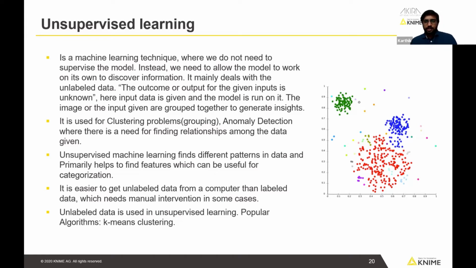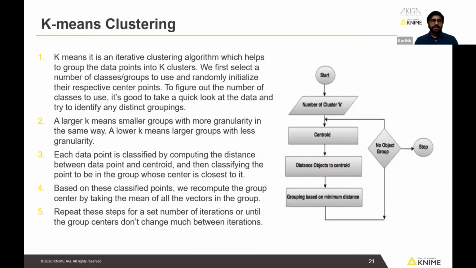K-means is an iterative clustering algorithm which helps group data points into K clusters. K in K-means is nothing but the number of clusters that we make out of the model. When we start any model, we can't decide on the number of clusters straight away.